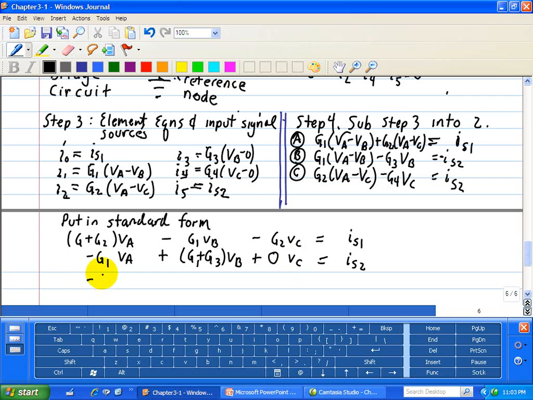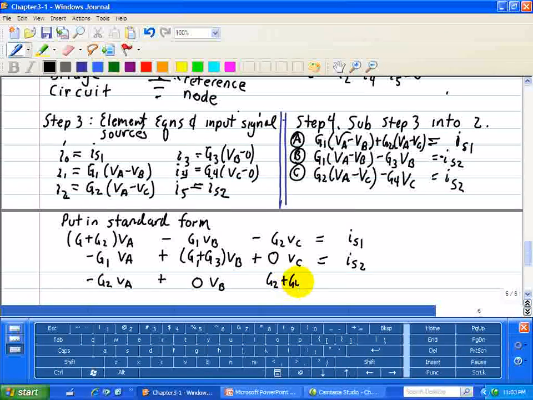Then we get minus G2 VA plus 0 VB, plus G2 plus G4 times VC is equal to minus IS2, where we multiplied the equation associated with node C by -1.